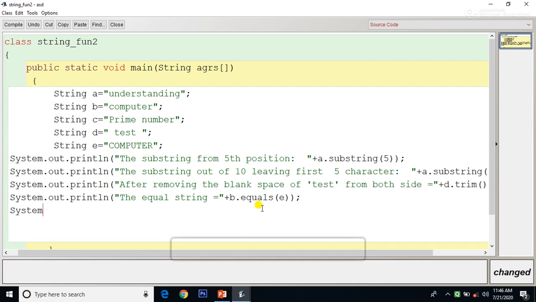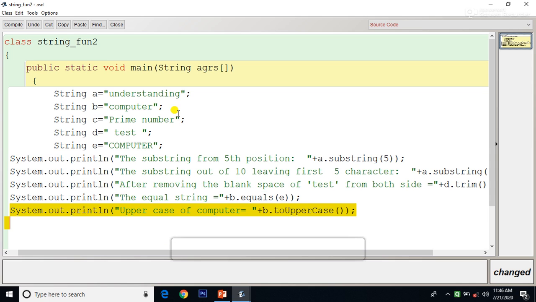That is toUpperCase. System.out.println uppercase, that means capital letters of computer. So in the b variable it is stored, b.toUpperCase.